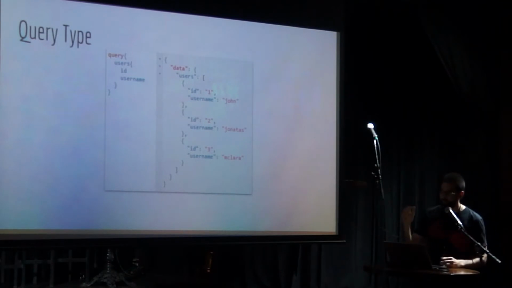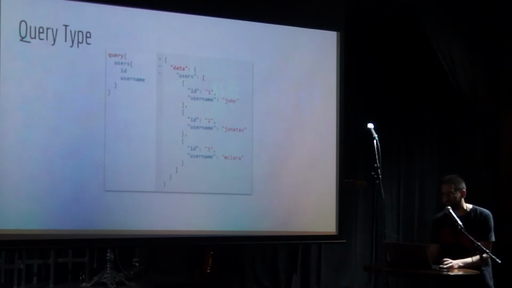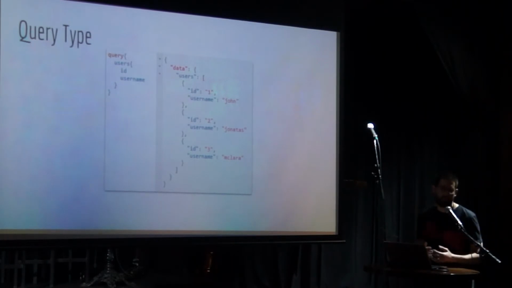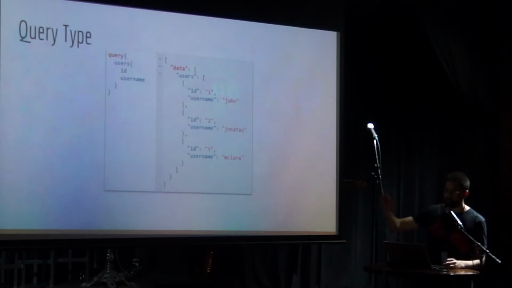Queries are the most interesting thing in GraphQL here, because that's what, as I was mentioning, makes it easy for developers. Here you can see that I request ID and username, and I get the response data exactly as I requested.